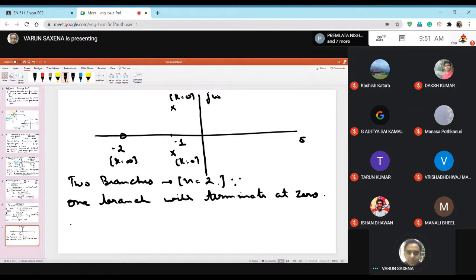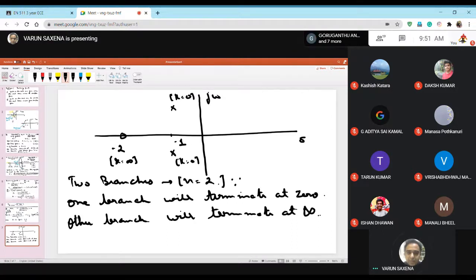The other branch will terminate at infinity. Okay, so we know that the root locus will start from these points here.